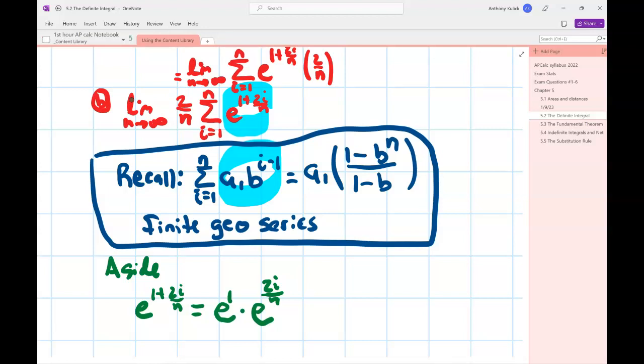And now I'm going to look at this exponent, and I'm going to think about this as 2 over n times i. And I remember if I multiply inside of my exponent, that's the same thing as an exponent of an exponent. So I can think about that.